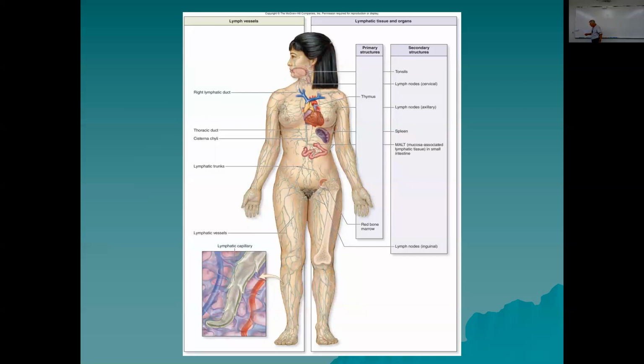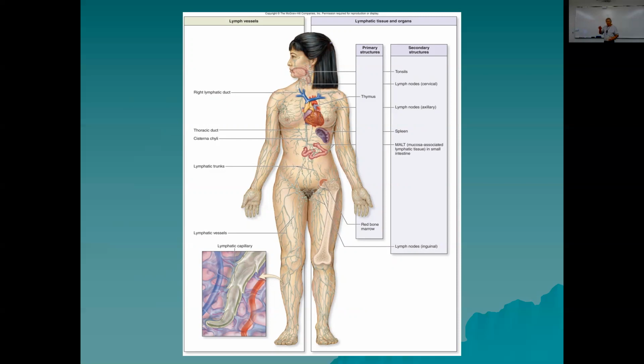There it is. On the left is lymphatic vessels. On the right are lymphatic tissues and organs. And you have a capillary down lower left. You'll see a lymphatic capillary. These are blind-ended. And there are big spaces between the cells.